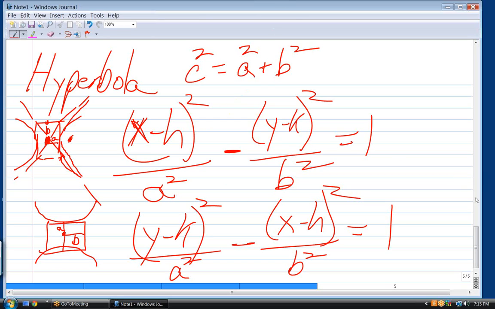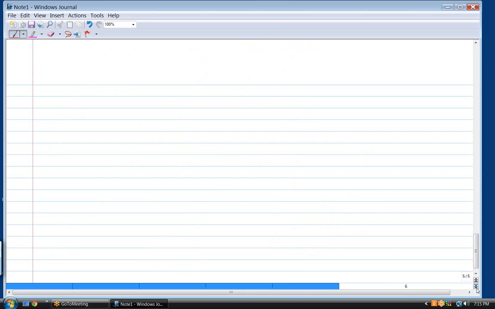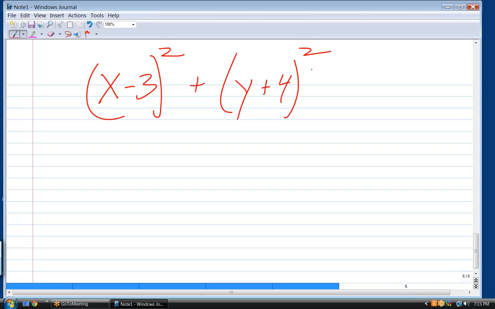So let me just give you an equation and have you tell me what it is and where everything is. What is this? What's its orientation? Where's its center? Where's its focus?